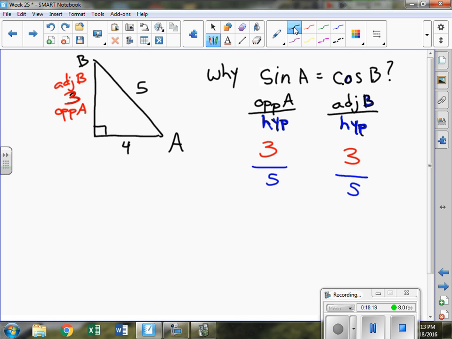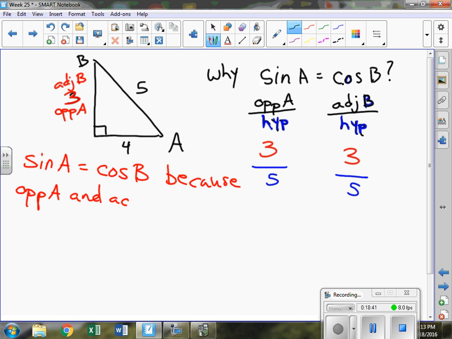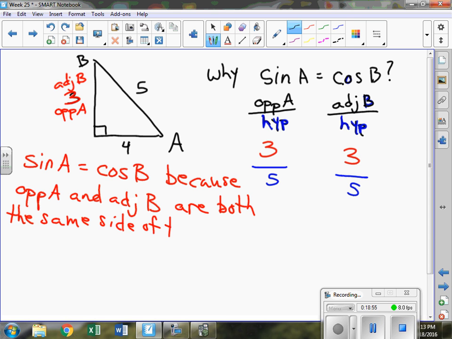And so we can write up an explanation saying sine of A will equal the cosine of B because opposite of A and adjacent of B are both the same side of the triangle.